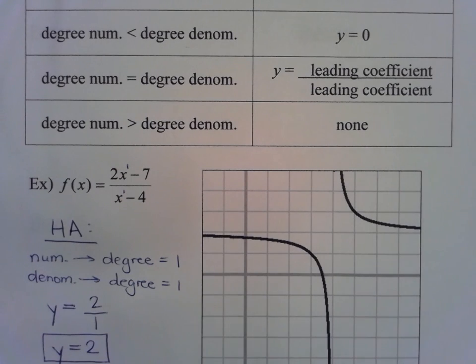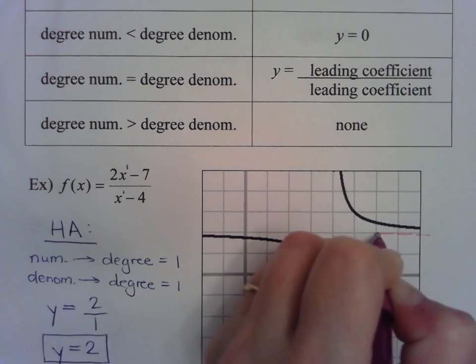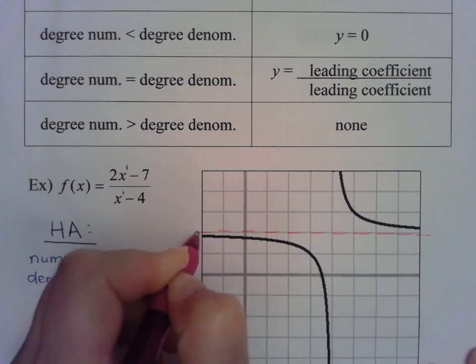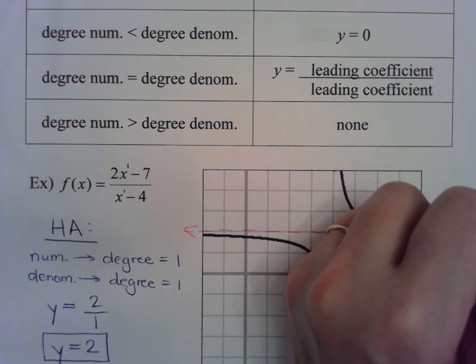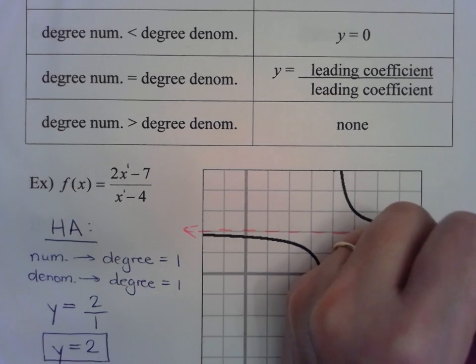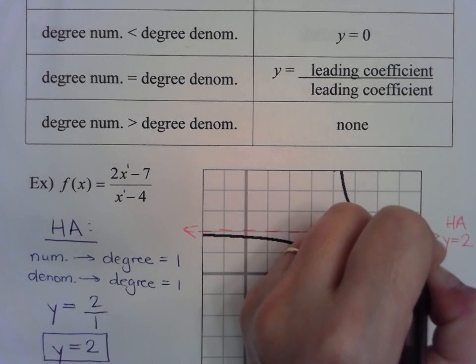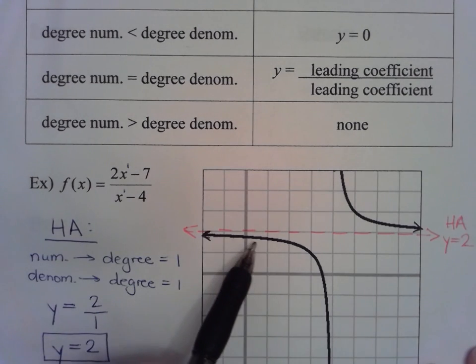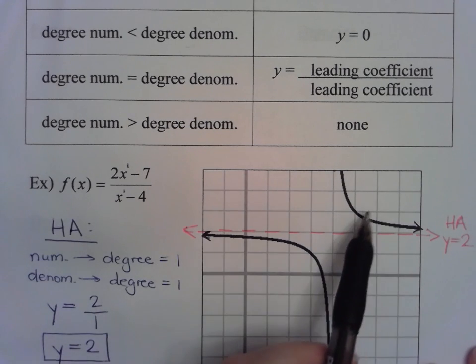And this is the horizontal line that the graph approaches at the ends of the graph. So if we were to draw that in here, it would be right here, horizontal like the horizon. And it's the line y equals 2. So at the ends of the graph, this curve is leveling off and getting closer and closer, infinitely close to the y value of 2. Same thing on this side.